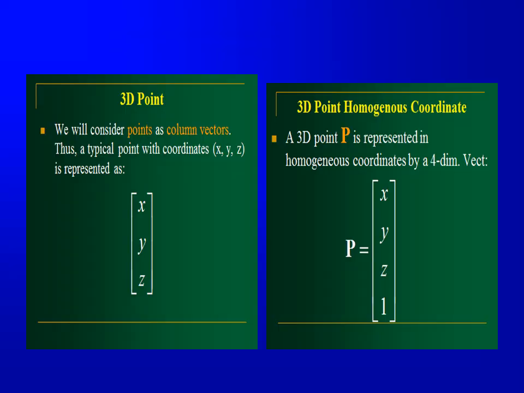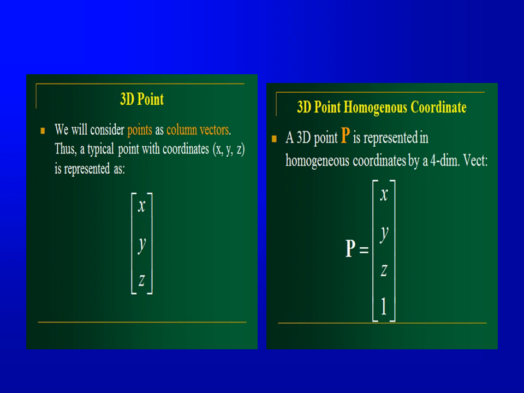So a 3D point we consider as a column vector, and it is represented as x, y and z. Z is a 3D point, okay, meaning 3-dimensional coordinate.